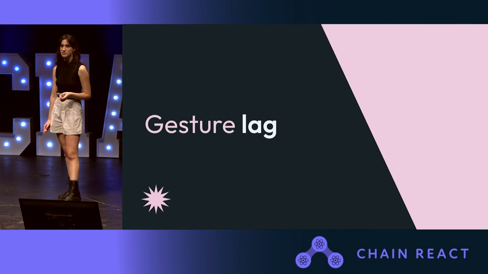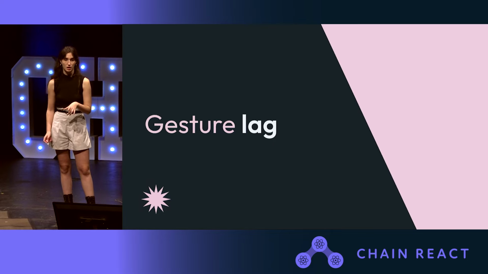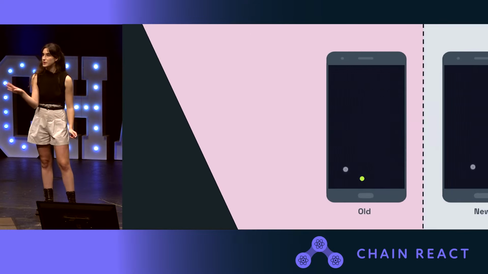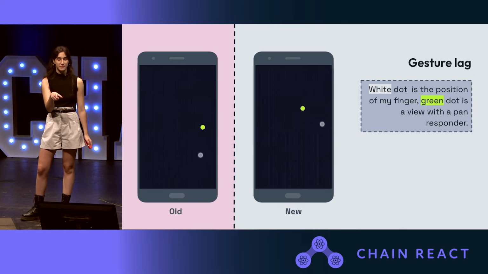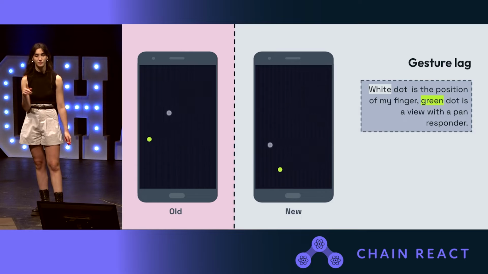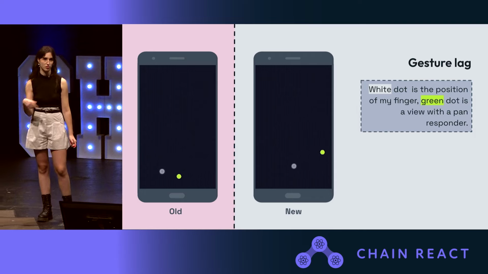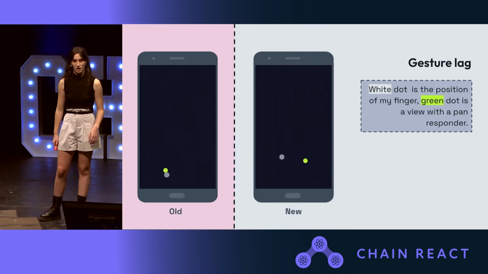Another thing I wanted to test was gestures. What would happen with a pan responder, and if there would be any difference. You can see that I have a view. The green dot is a view with a pan responder, and the white dot is the actual position of my finger that the operating system is capturing.